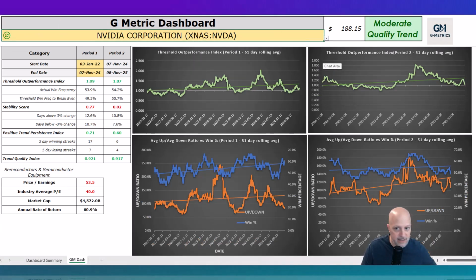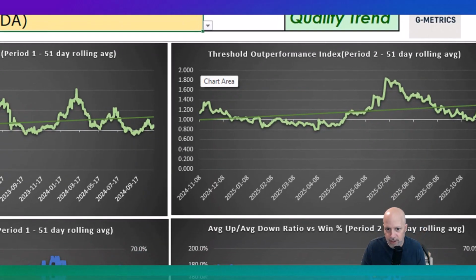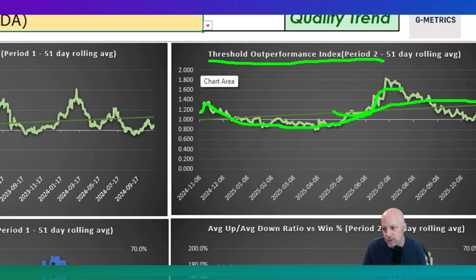We do the exact same thing here for the threshold outperformance index for period 2. And so we plot that index over time, we come up with a trend line, then we use the standard deviation of the data plus the latest point on the trend line. And right now, it also suggests a high confidence in the persistence of this particular trend regime. So right now, the stock in both periods has been behaving consistently relative to its threshold.